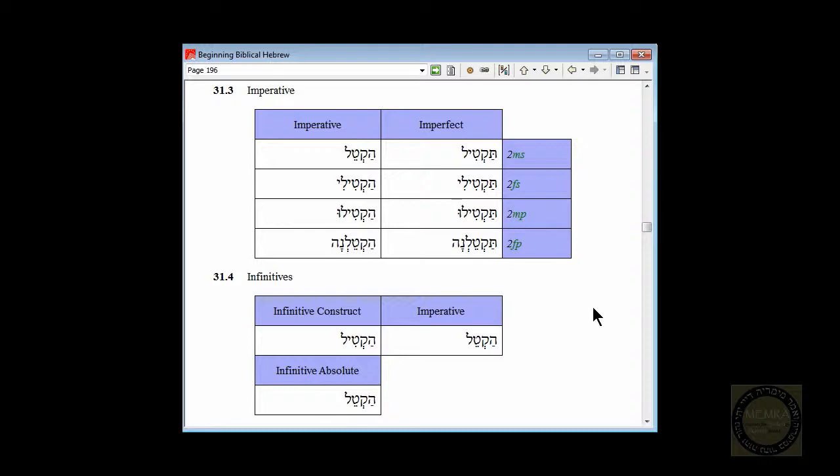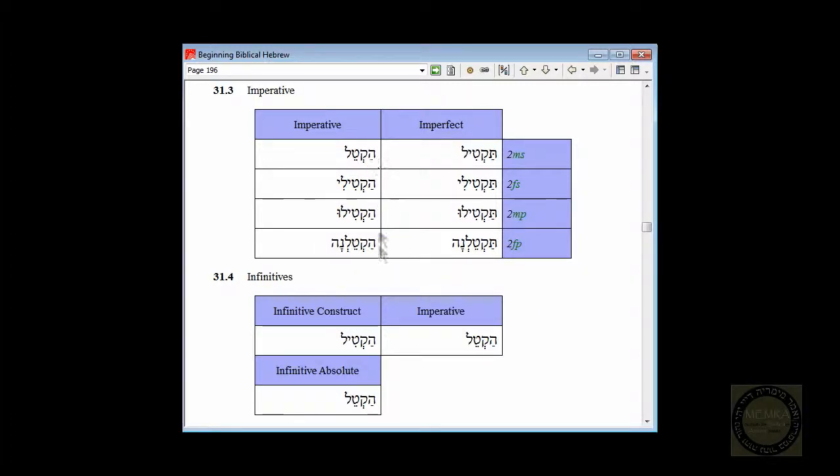The imperative, I think you'll actually find these easier than other imperatives. We've been forming the imperative by lopping off the prefix of the imperfect, and then you just have to tell what it is with what's left. Here, in the hifil, you get your hey prefix back. Remember the perfect, it was hi. In the imperative, it's hey with A class, ha.